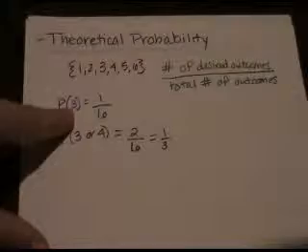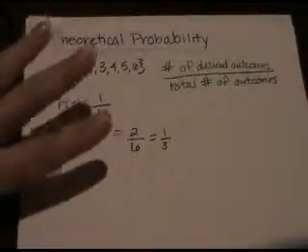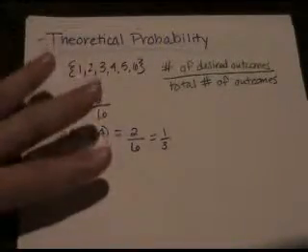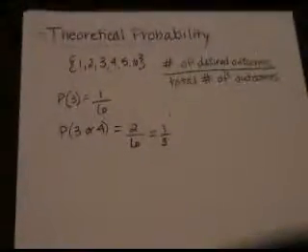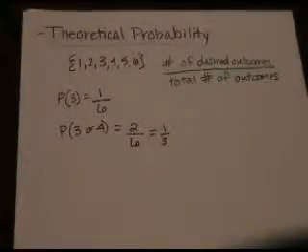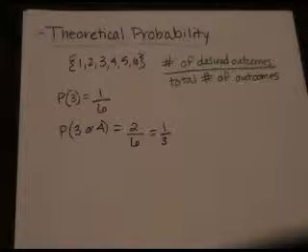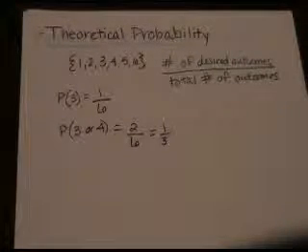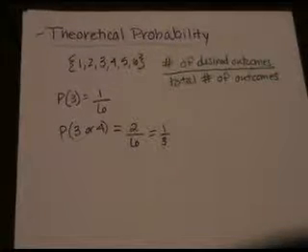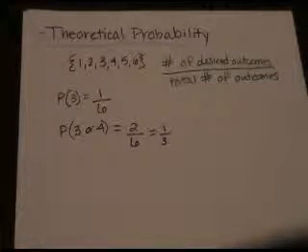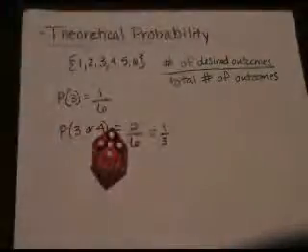That's theoretical probability. It's the actual probability behind something happening. Just to recap, experimental probability is based off of an experiment, where theoretical is not. Theoretical probability is what should happen based off of the actual die or whatever situation you're using.